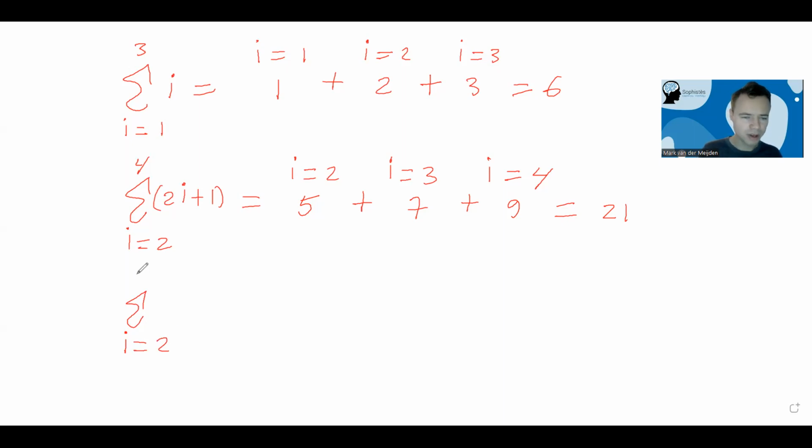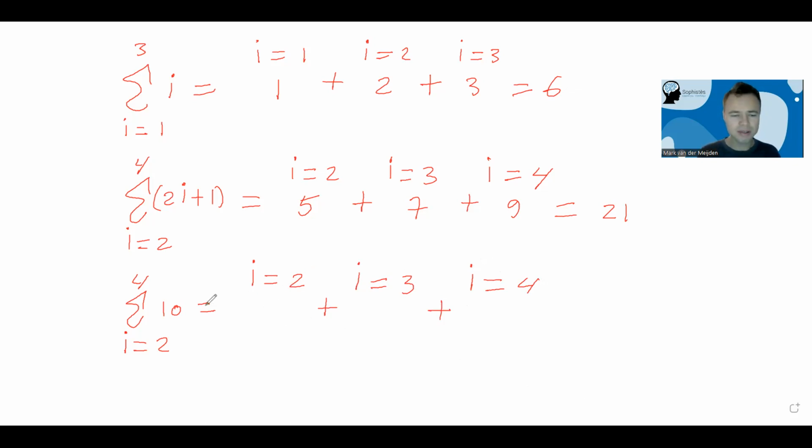Okay, so let's do another example. i is 2 all the way up to 4, and we will put a 10 here. Notice that we're now working with a constant. There is no i in the expression. So what you will do is still write down i is 2, i is 3, i is 4, and then you put a plus in between.